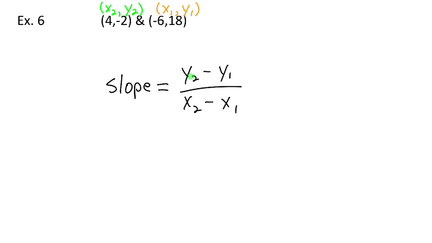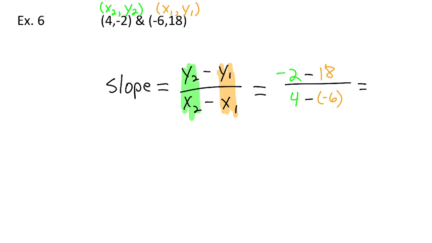So as we fill these values in, what we're going to have is a -2 subtract 18. And that's going to be divided by x2, that's 4, subtract x1, -6.